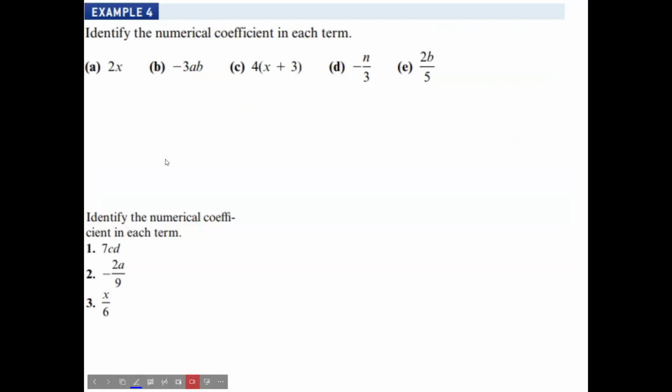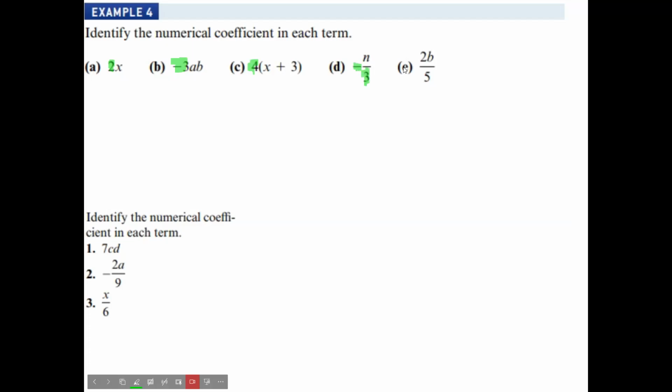Okay, let's do it. So numerical coefficient, let me take the highlighter. This one, what is it? 1/3.